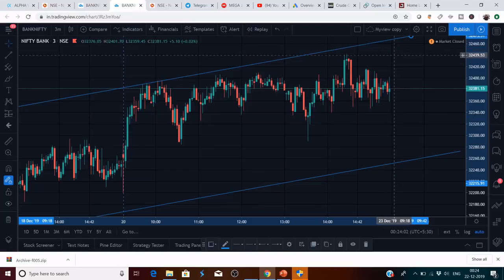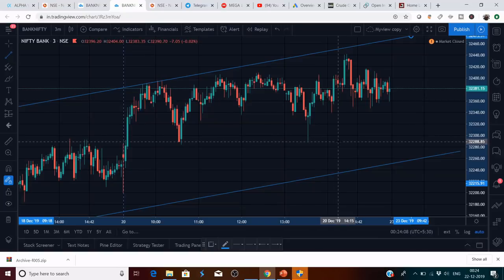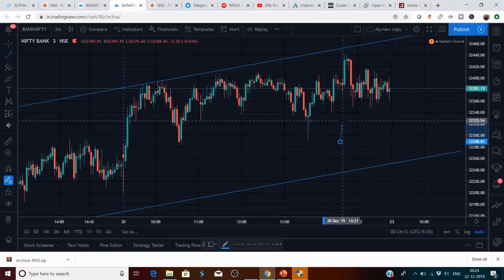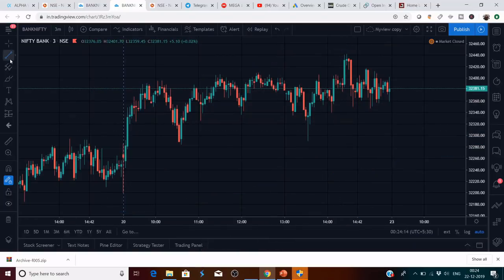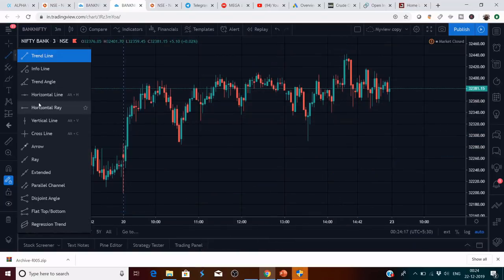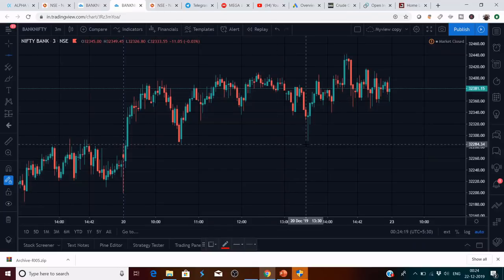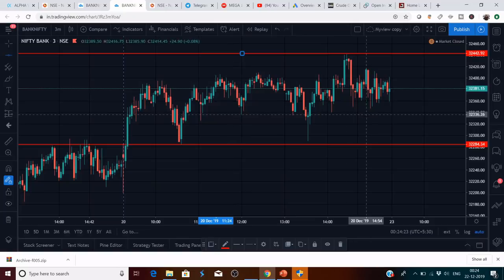So for me, if you draw a line from this level, and this level, you can watch out these two levels and see where the market is moving. In the initial first 15-20 minutes, if it breaks any of these levels, then the trend will be very clear.